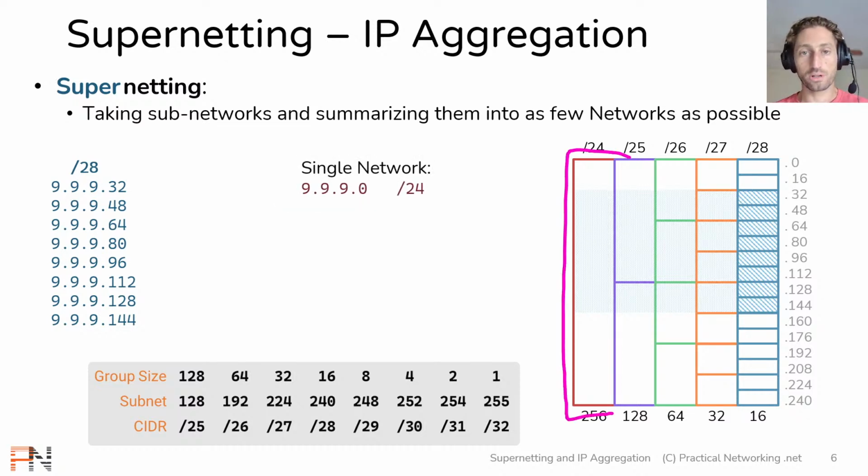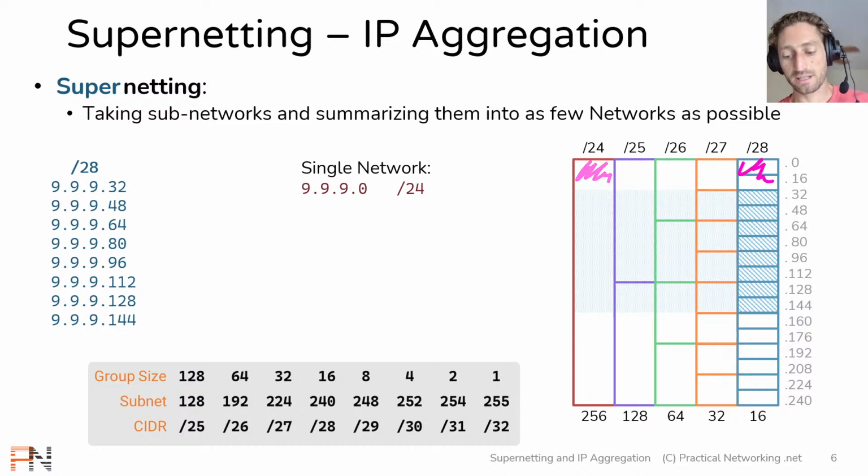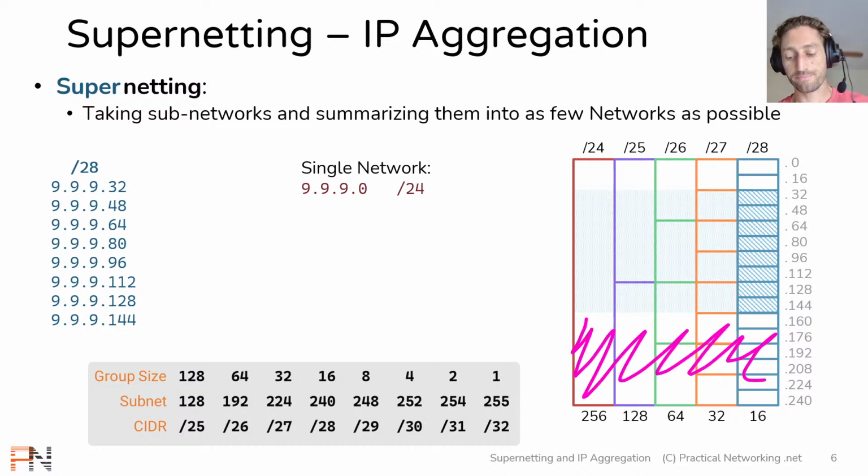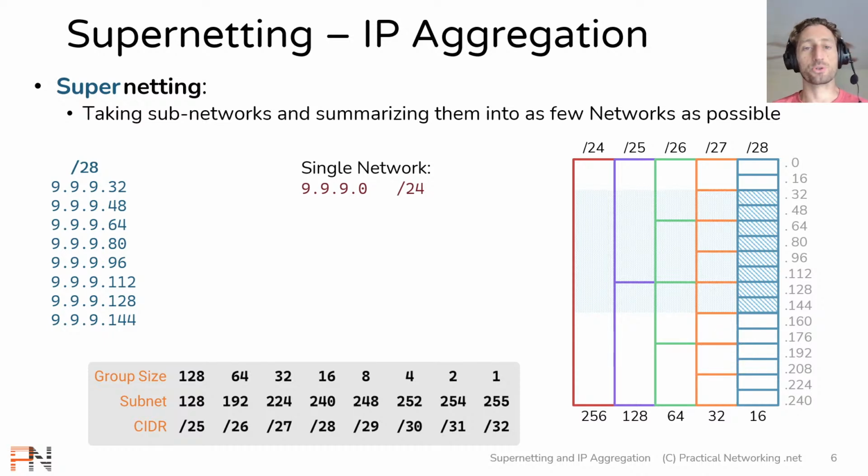This /24 definitely includes all of the IP address space that I meant to summarize. Of course, it also includes additional IP address space that I did not mean to summarize, but that is the offset or the risk you get if you must summarize to a single network. If I wanted to summarize these to an exact match, I could take these /28s and summarize them into this /27.